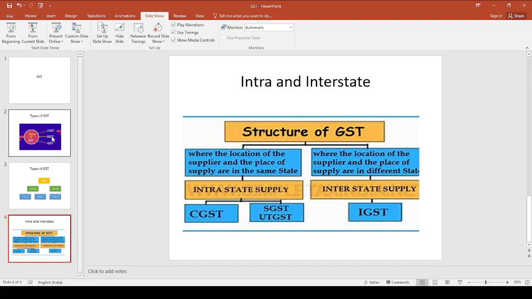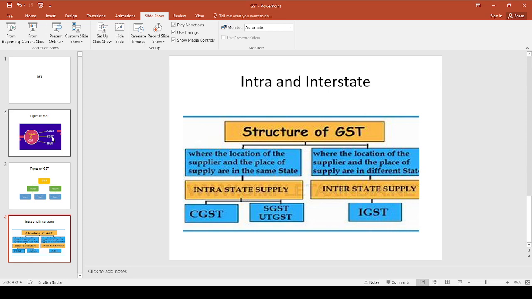Same way, if we are purchasing a product which has a GST of 18% and the transaction has taken place within the state, that means the buyer is in Bangalore and the seller is in Bangalore, the goods are charged at 18%. Since the transaction has taken place within the state, we will call it an intrastate transaction.